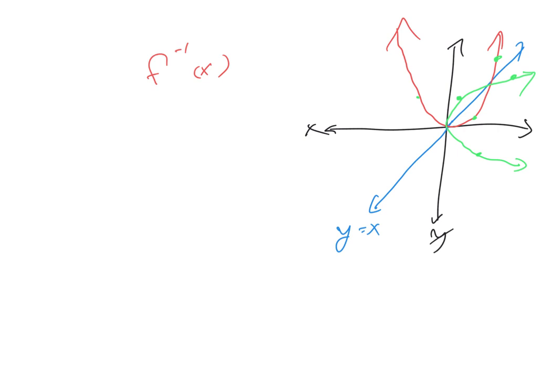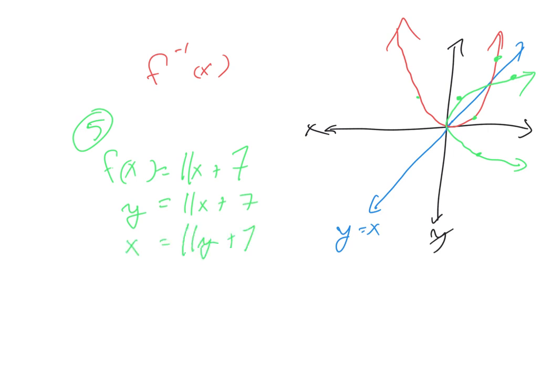So to find an inverse function, if I have, for number 5, f of x equals 11x plus 7, similar to saying y equals 11x plus 7, the process was we switch out the variables for each other and then solve for y.